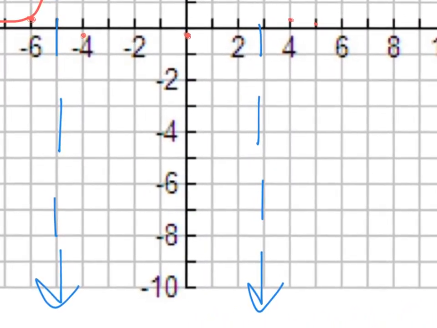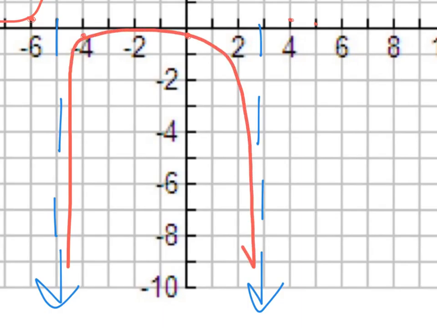Between my two asymptotes, I have 2 points that are below my x-axis. And so I'm going to have kind of like the same thing, but I'm going to follow my asymptote, and then it's going to kind of look like a parabola here in the middle.